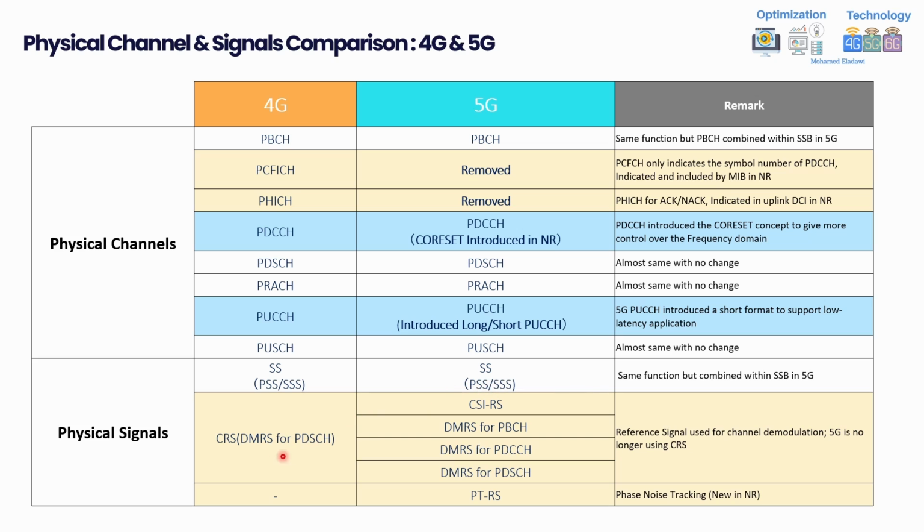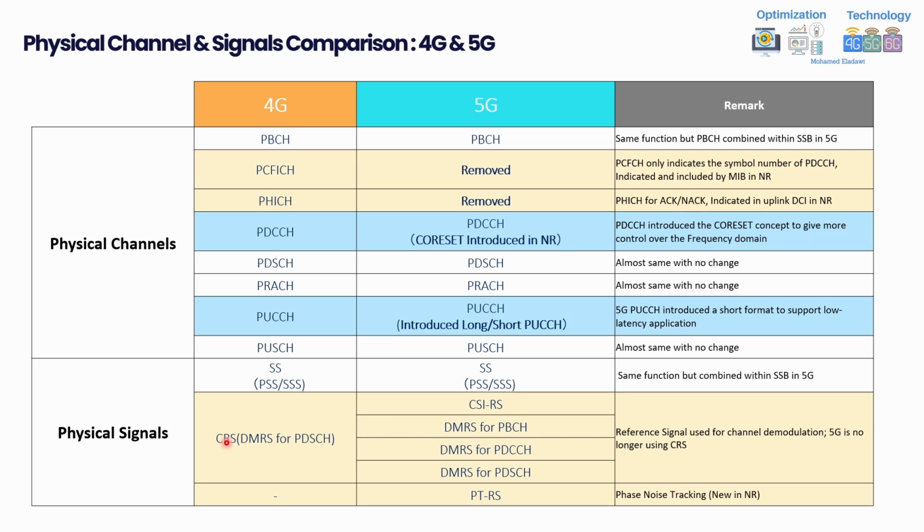Then moving forward to the reference signals, if you are speaking about cell-specific reference signals in 5G and in 4G, this was used mainly to demodulate the channel condition and so on. And we used also to have DMRS for PDSCH for 4G. Now in 5G, there is no longer a cell-specific reference signal.